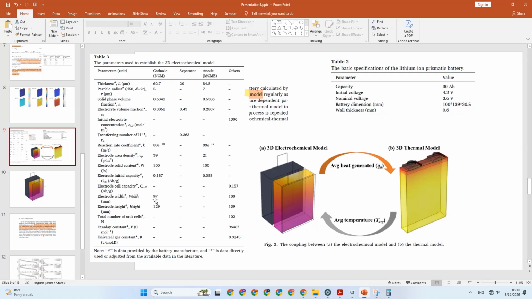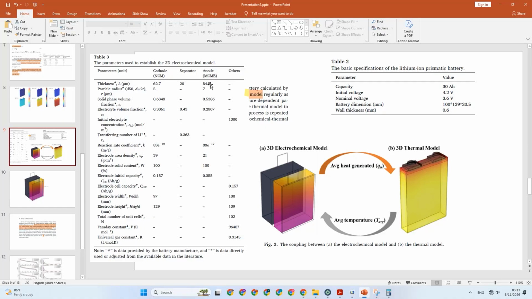The width 97. Electrode width, electrode high 129. It's okay. It's 97. It's about 3 millimeter. As I see, electrode width it's 62, 84.